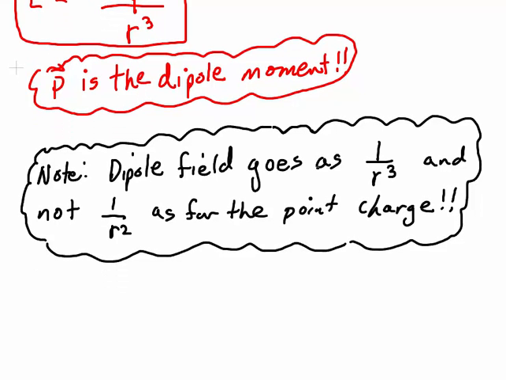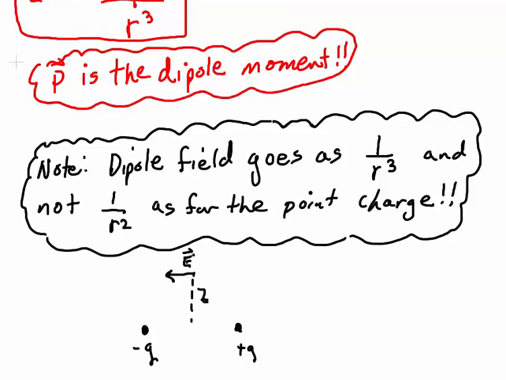Now let's finish this off, let's go back and just take a look at our problem here. We had this minus Q, we had this plus Q, there was some distance z, and the electric field pointed this way.